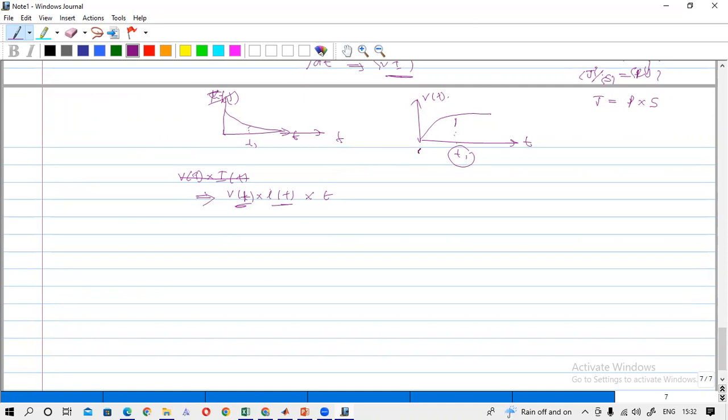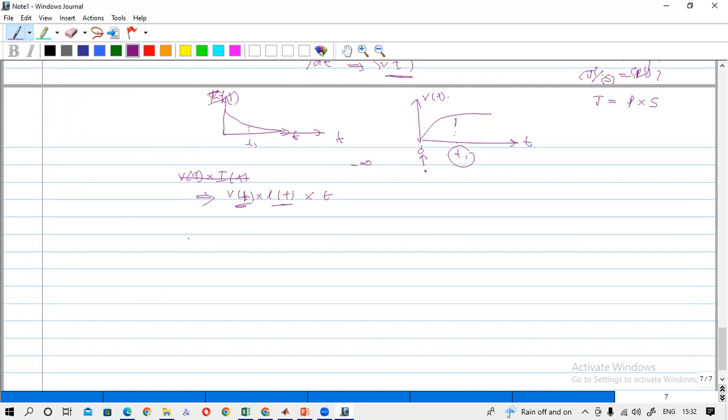We are not starting from 0, because sometimes this 0 may be another reference value. We don't know. So normally we will do the integration from minus infinity up to T1.